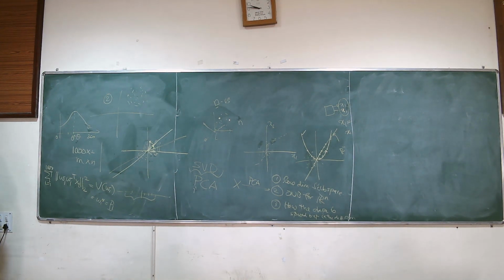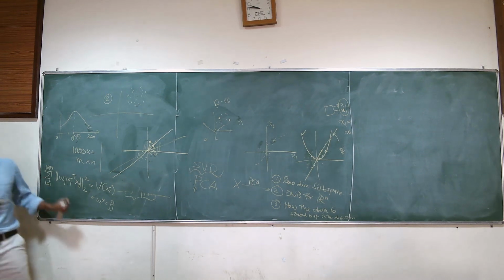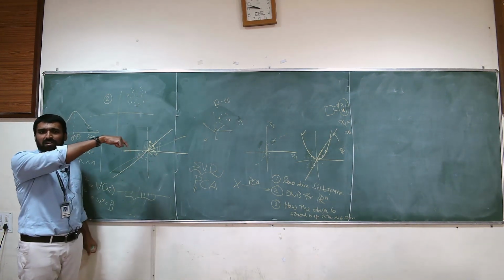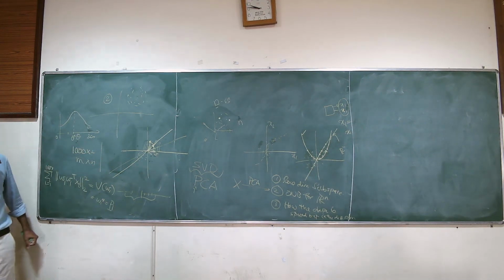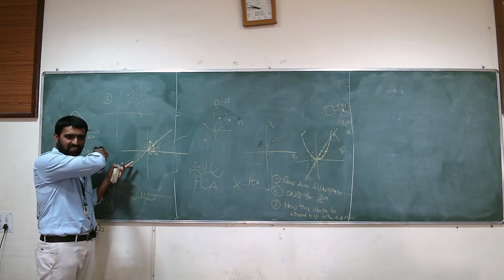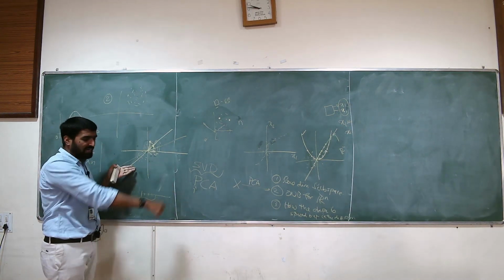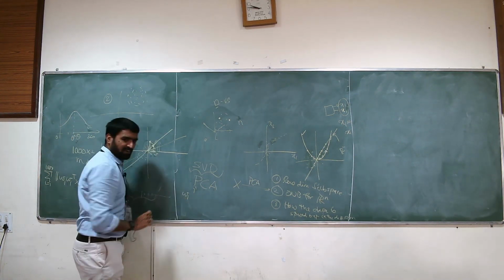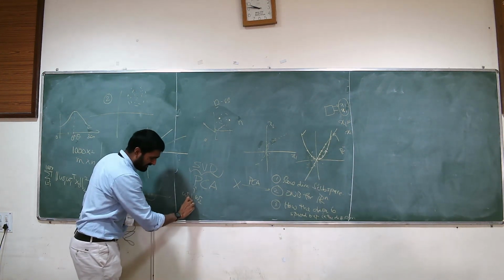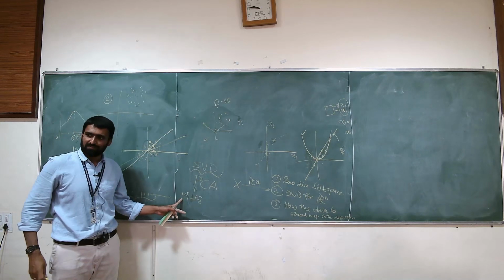Once you're done with that, you say, okay, I've found the first direction along which data is maximally distributed. Now, let me find the second direction along which the data is maximally distributed. But in PCA, you add this restriction. Once you've identified W1, you look for the second direction, but the second direction has to be perpendicular to my first direction.